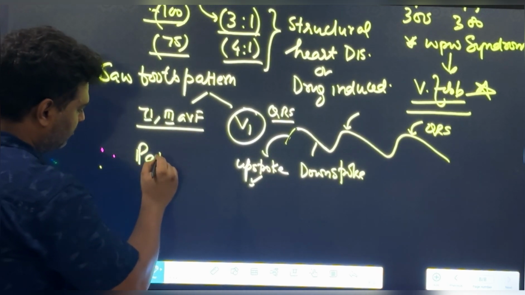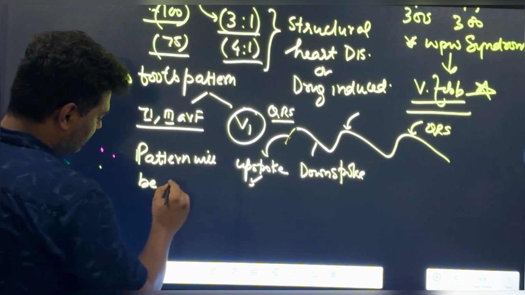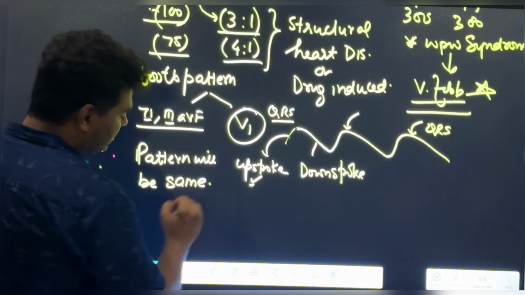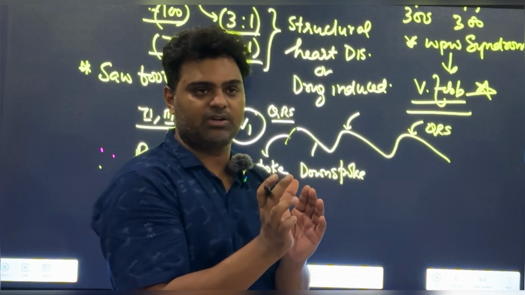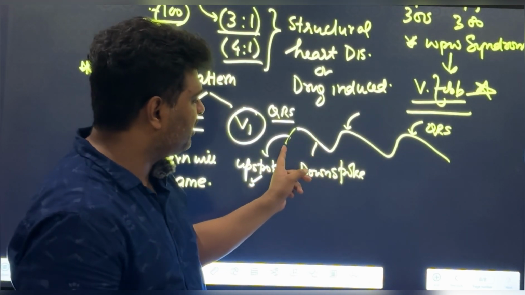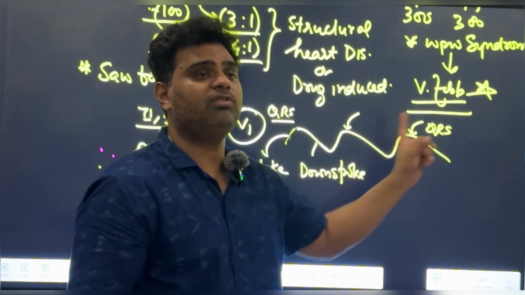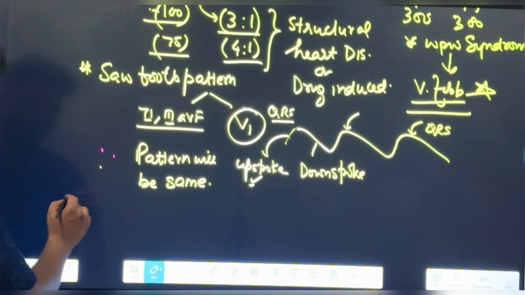This is a very important point. If you take two QRS complexes with the same RR interval, you will see that the pattern is exactly similar to each other. So this is the fourth point.